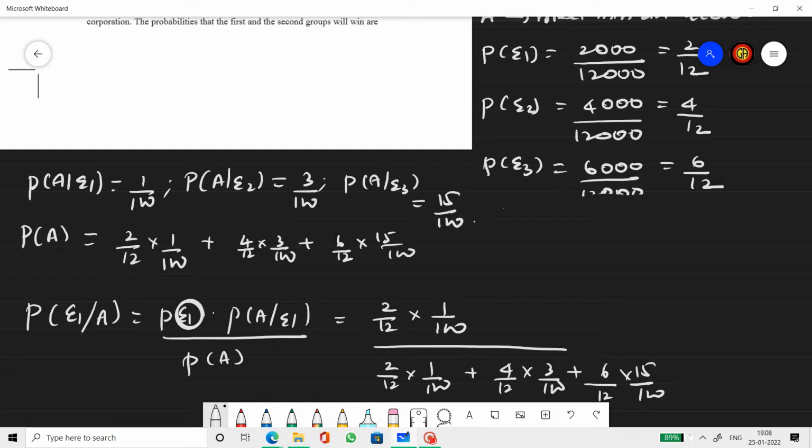So you can cancel 12 into 100 straight away. The numerator will be 2, and the denominator 2 plus 12 plus 90, and that will give you the book answer.